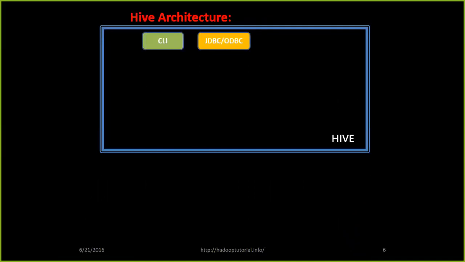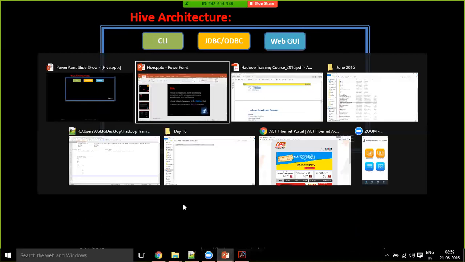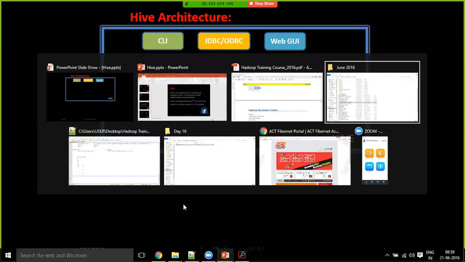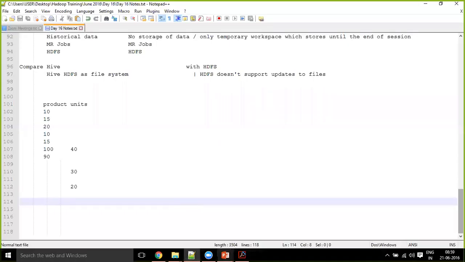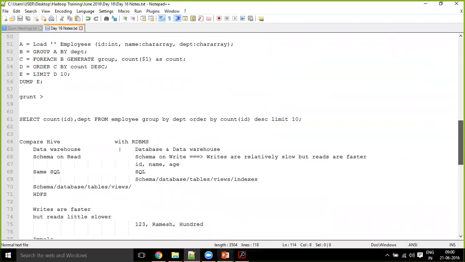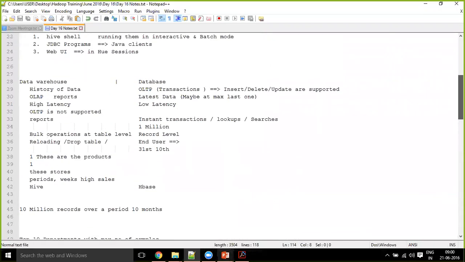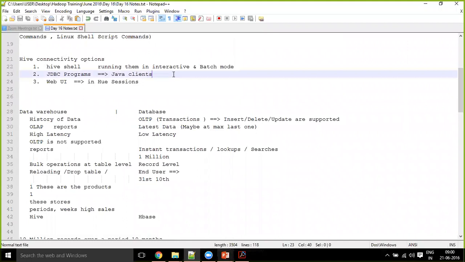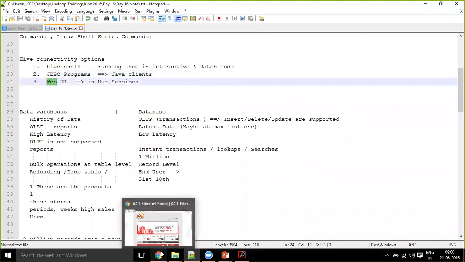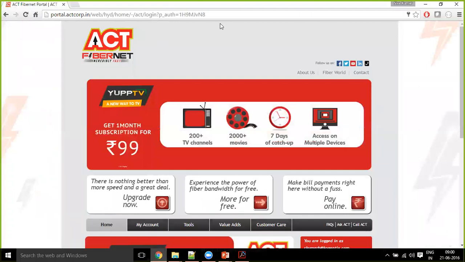Now, as I was telling you, in Hive architecture we can interact with Hive in 3 modes. One is through the Hive shell, the second is through JDBC Java clients, and the third is through the Web UI. Web UI is nothing but accessing it through the browser.